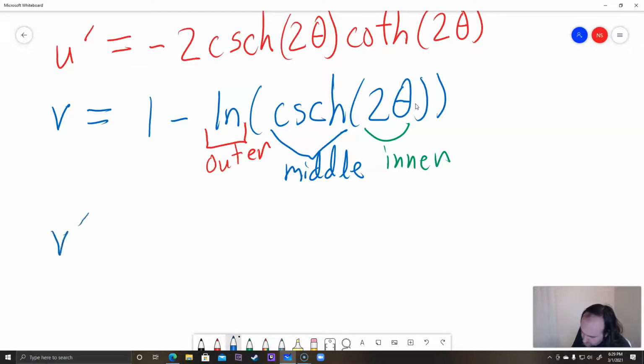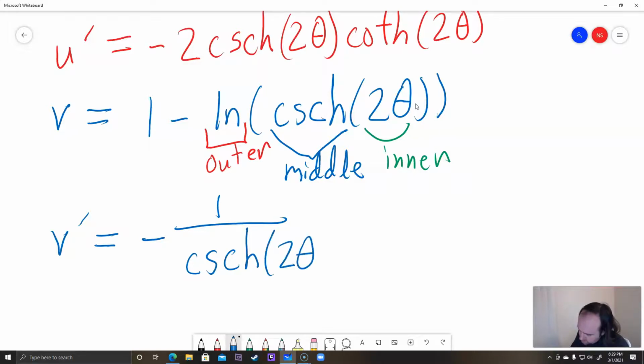we're going to get v prime equals, well, the derivative of ln is 1 over. Okay, and we have a minus out front. So we have negative 1 over cosec of 2 theta. That's the derivative of the outer function, middle and inner left alone.